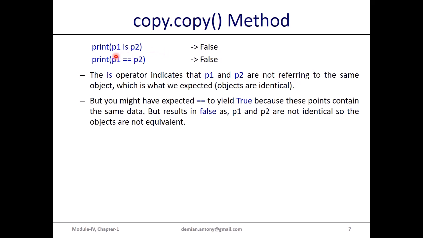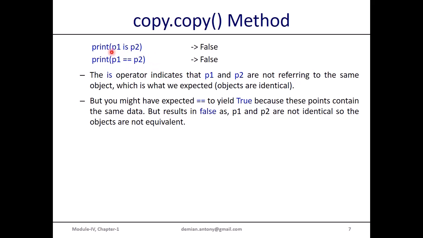If I had written P1 equal to P2 or P2 equal to P1, if I had created P2 as an alias for P1, then if I write like this, I get a value true because P1 and P2 refer to the same memory and they are identical in terms of values as well as in terms of reference.